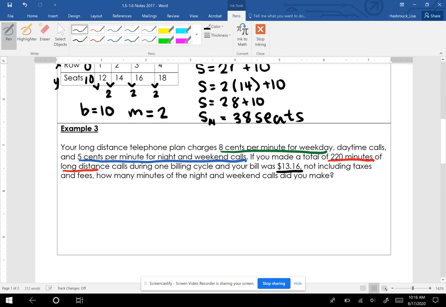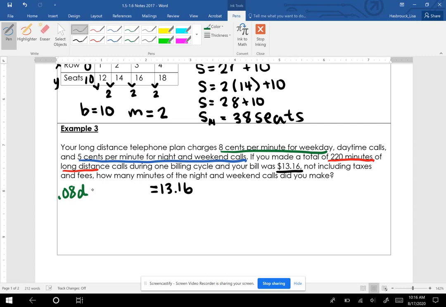So we know that our total that we paid, or our equation, should be equal to $13.16. Daytime minutes are 8 cents each. So we know it's going to be 0.08, 8 cents, times the number of daytime minutes. Okay, so however many minutes you called during the day is going to be D.